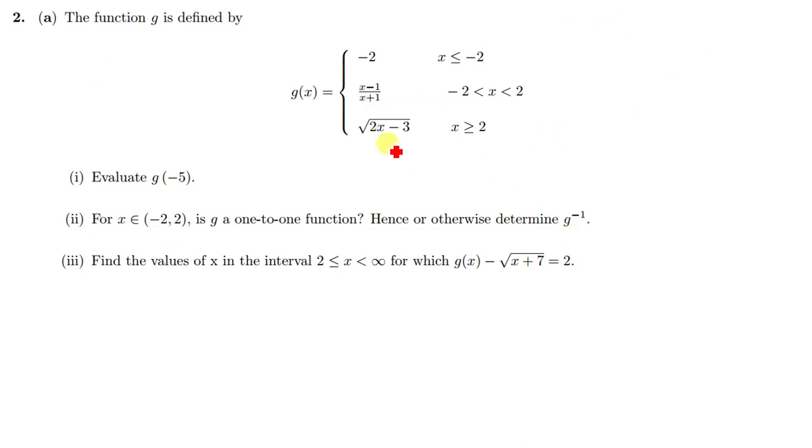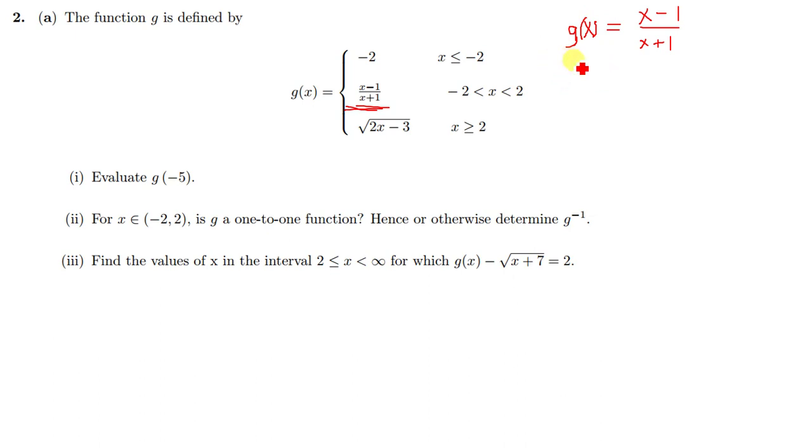How do you find g inverse of x of this function? So g of x has been given to be equal to x minus 1 over x plus 1. So to find g inverse of x, you first have to equate this part to, sorry, not to 0, equate it to y.